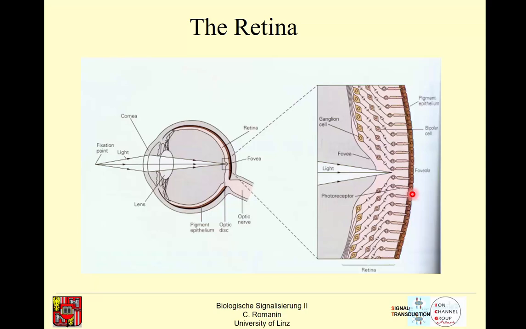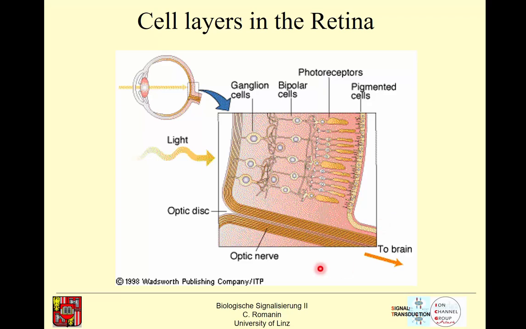So let's have a closer look at the various layers. You can see here how these cells are arranged. Those cells which are farthest away and at the very end of the retina, where the blood vessels are also situated, because these cells need a good supply of oxygen and nutrients.